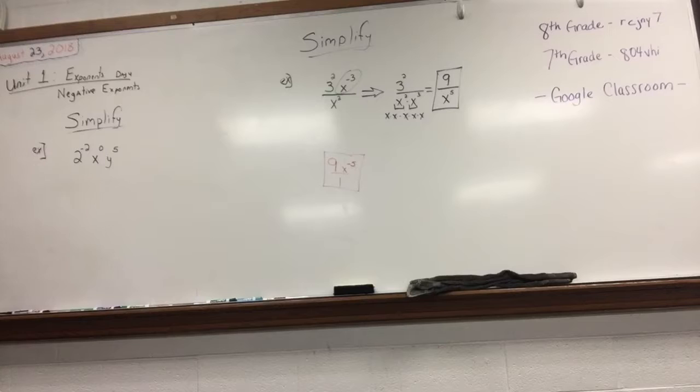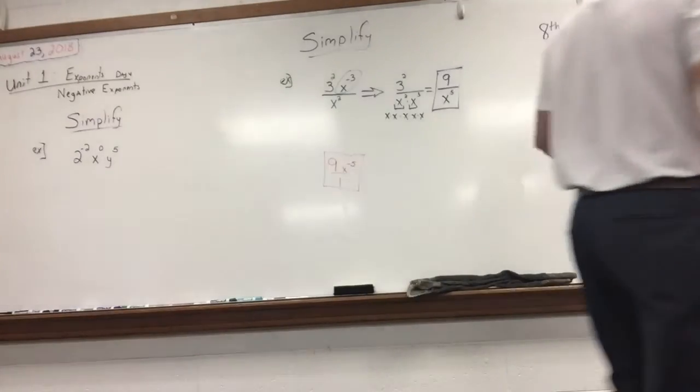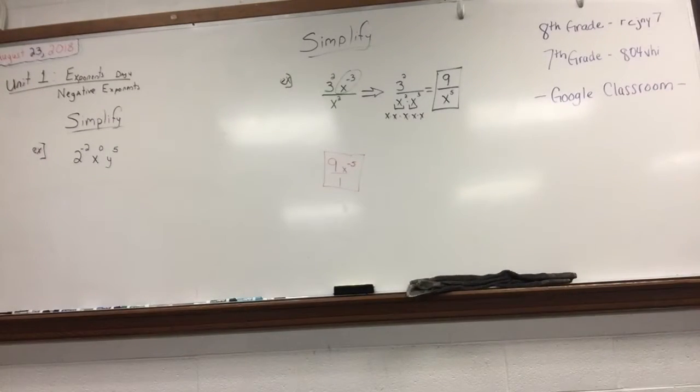So 2 to the negative 2 power, x to the 0, y to the 5th, you are simplifying. This will probably be our last example for the day on the board.